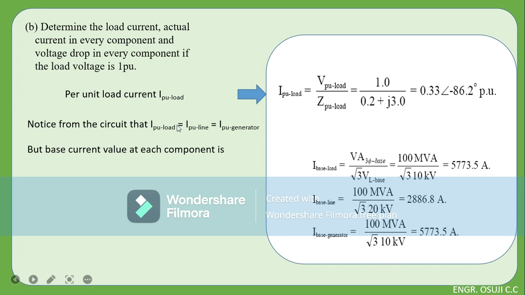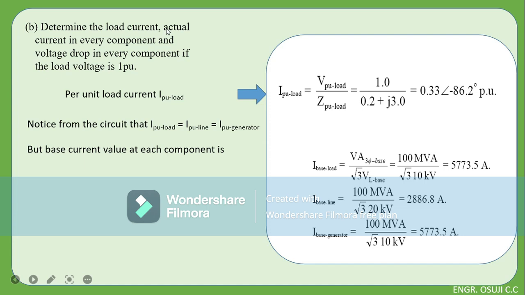Now we have already explained this. Notice from the circuit that I per unit load is equal to per unit line is equal to per unit generator. So we have that, but we want to find the base current value at each component. Now why do we need to calculate that? Because mind you, we're asked to determine the load current.